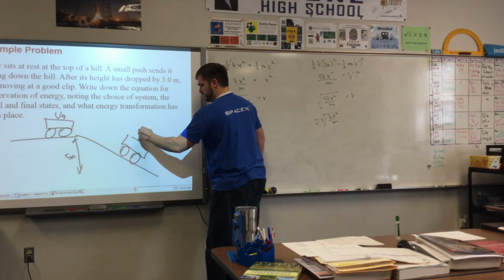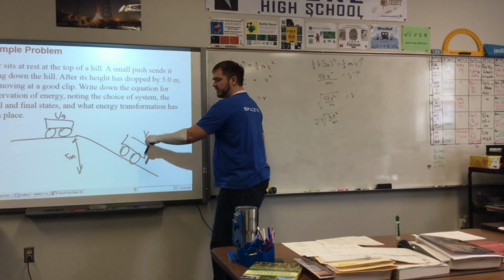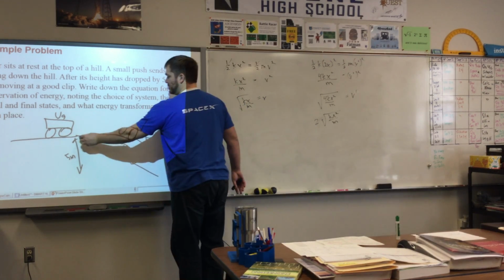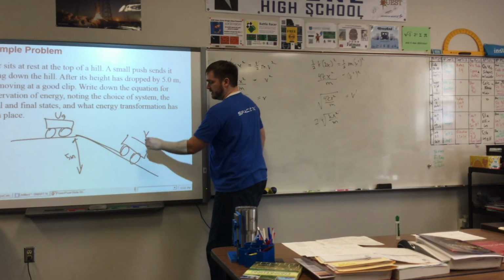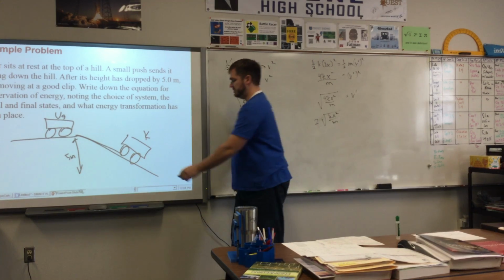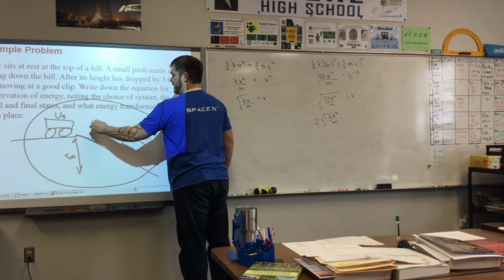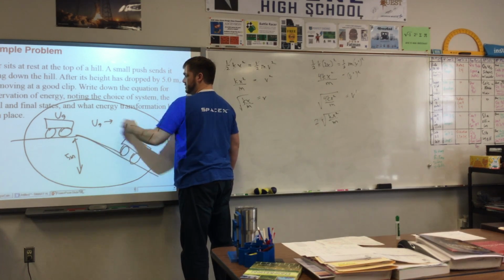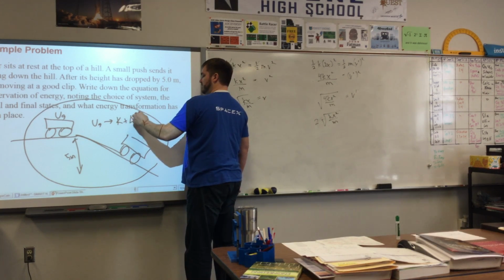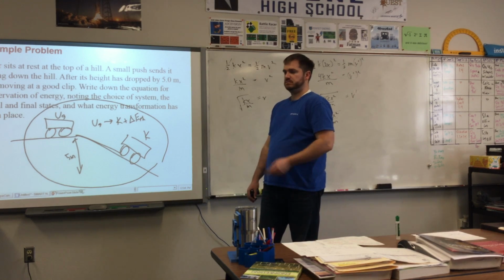Now it has kinetic, and we wouldn't necessarily say that there has been thermal here, but there has been a change in the thermal energy of the car-ramp-world system. Okay? So we have UG turns into K plus the thermal.